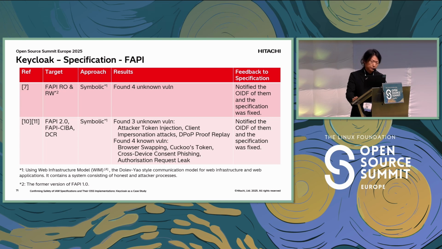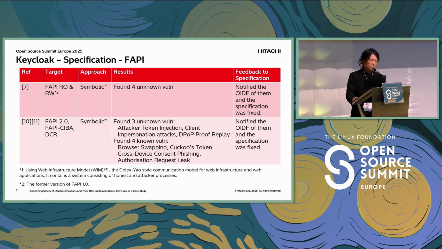Regarding FAPI, Financial-grade API security profiles, maybe you might not have heard the word FAPI, so I'd like to briefly describe it. FAPI is the Financial-grade API security profile, and it's an enhancement of the OAuth 2.0 specification, defined by the OpenID Foundation.